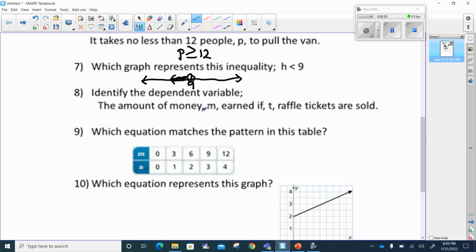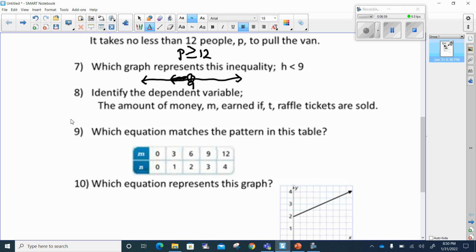All right, number 8 is next. Identify the dependent variable. The amount of money M earned if T raffle tickets are sold. So what is dependent on what? Well, the amount of money is dependent on the amount of raffle tickets that are sold.